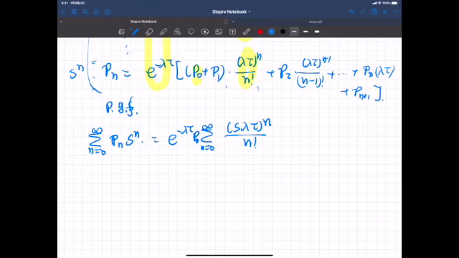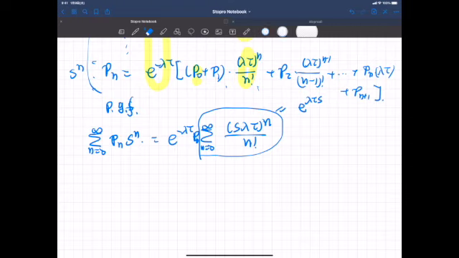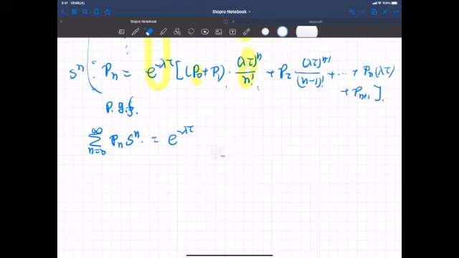But look, this is just a Taylor expansion of the exponential function, equal to exponential of lambda tau s. So this is P0 exponential lambda tau s.